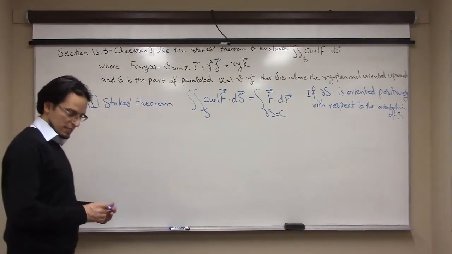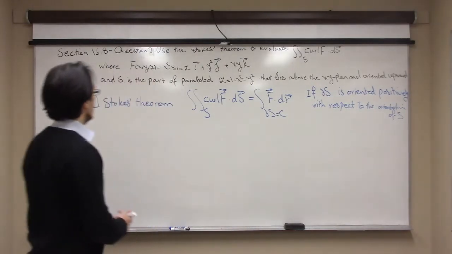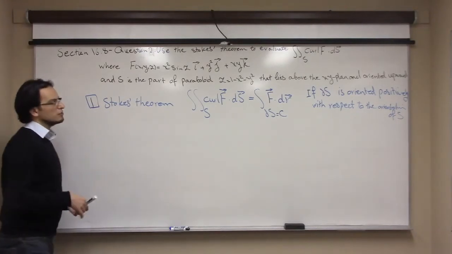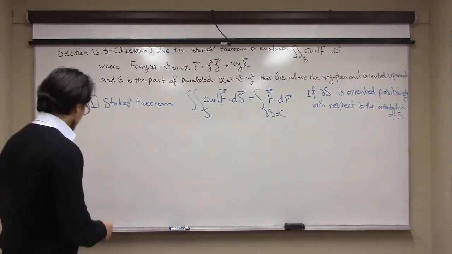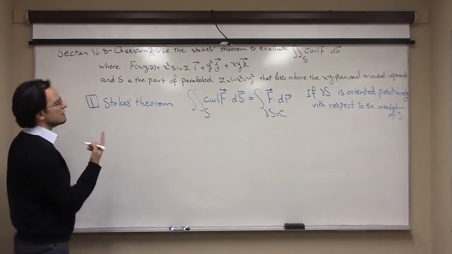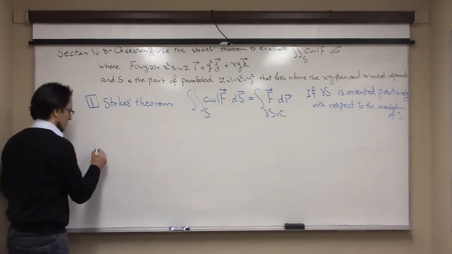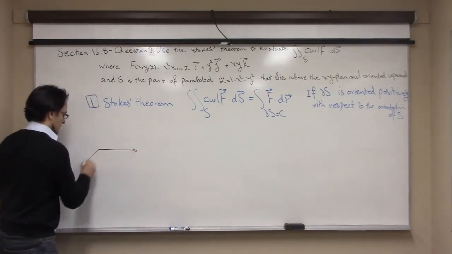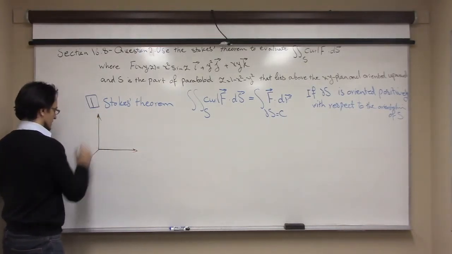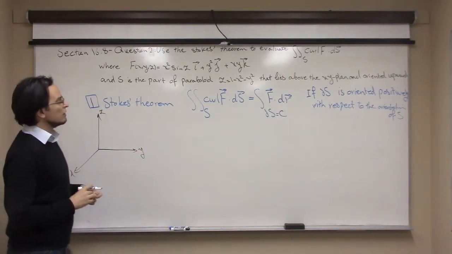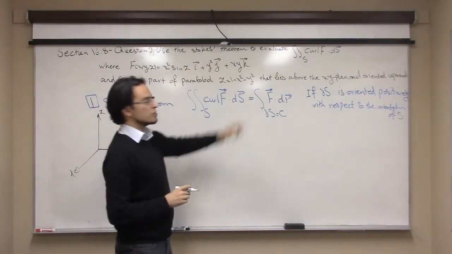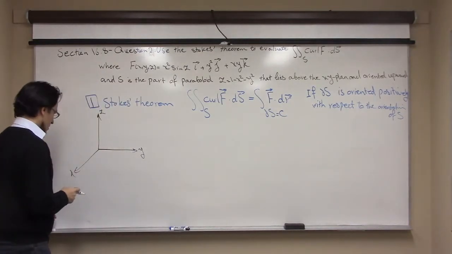Okay, so let's see what our surface is, what its boundary is, what the orientation is, and what the right orientation for its boundary is. First thing to see is that it says it is a paraboloid. So let me have this x, y, z. Paraboloid of the form 1 minus x squared minus y squared.